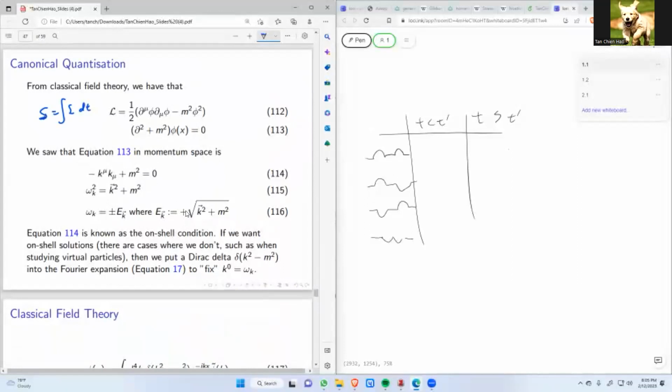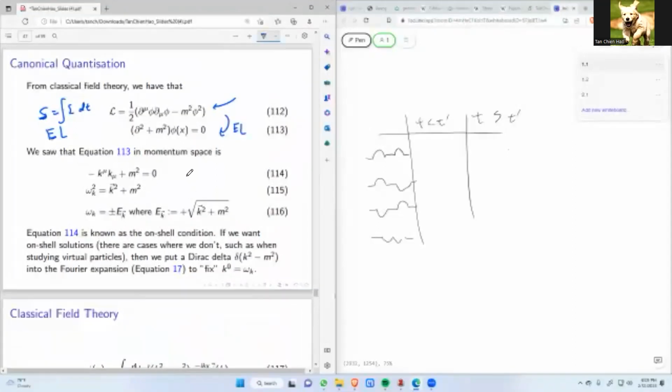The principle of least action tells us that the fields satisfy the Euler-Lagrange equation, which is the differential equation involving the Lagrangian.